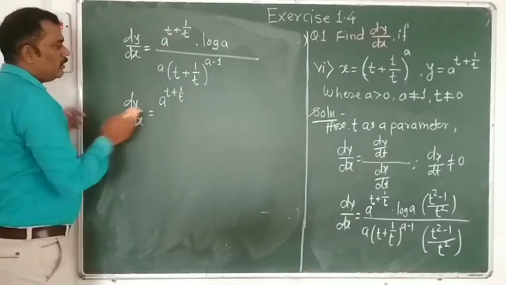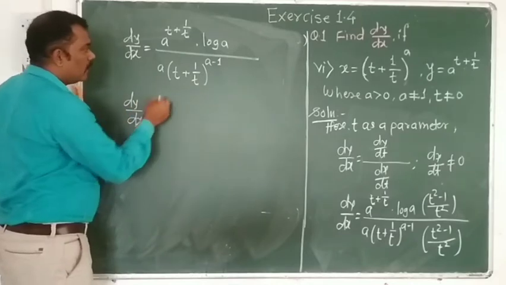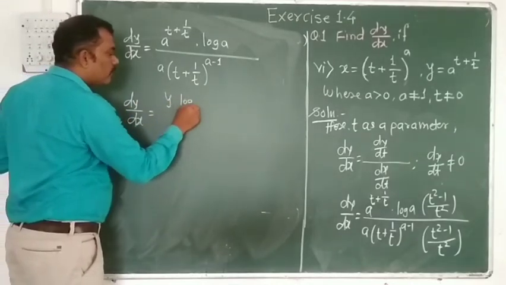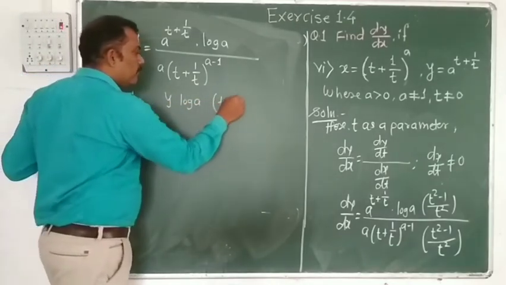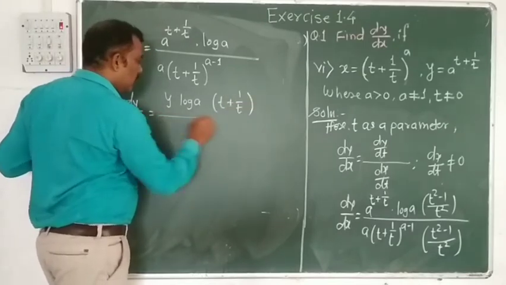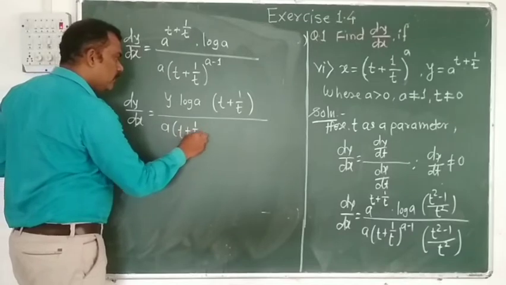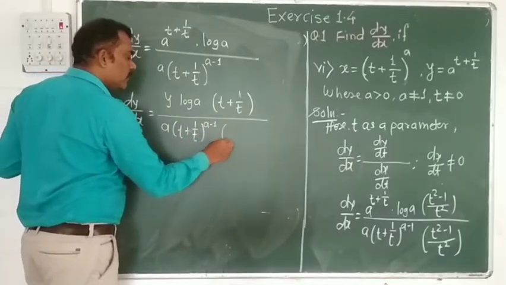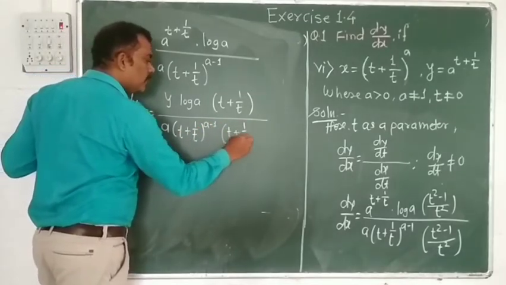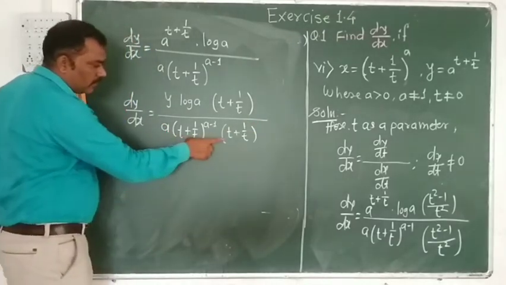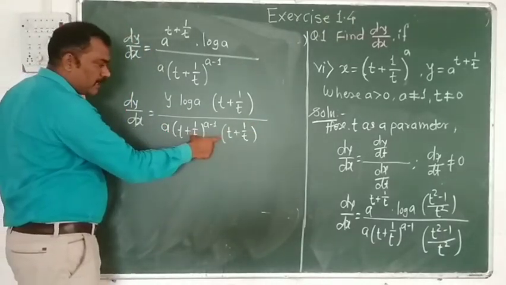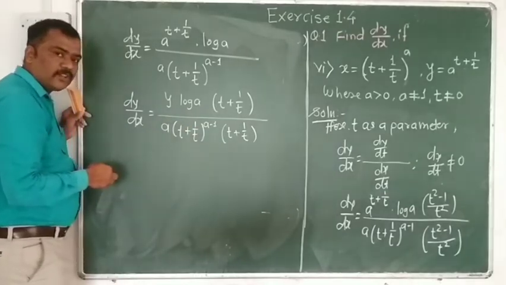We substitute the value of this one as y into log of a into t plus 1 upon t divided by a into t plus 1 upon t raised to a minus 1 into t plus 1 upon t. By using the laws of indices, this is a product and the base is the same, so we take the addition of the indices.